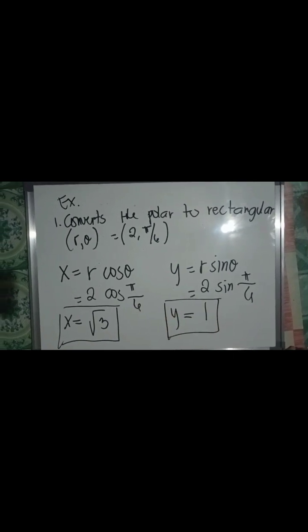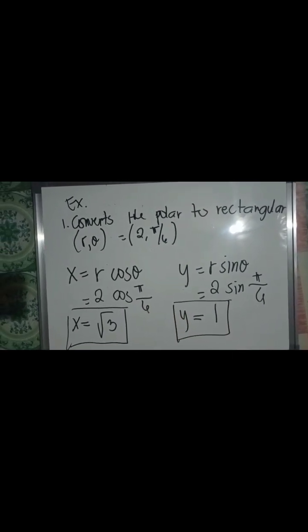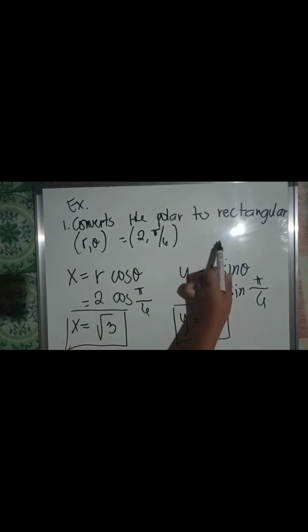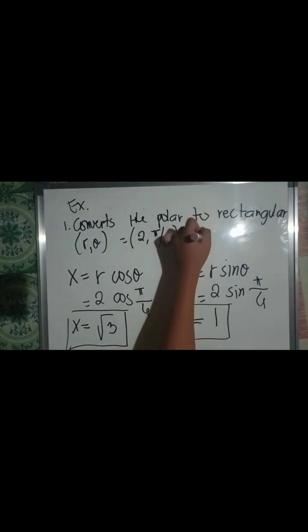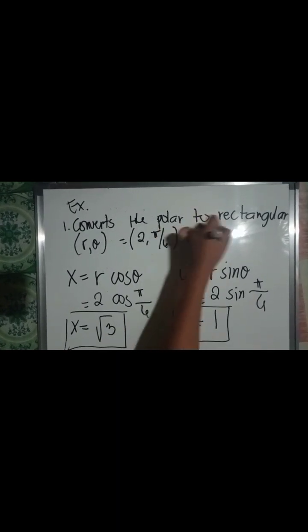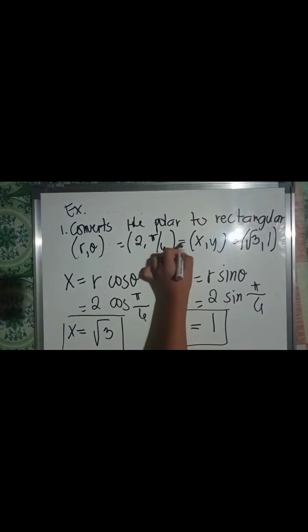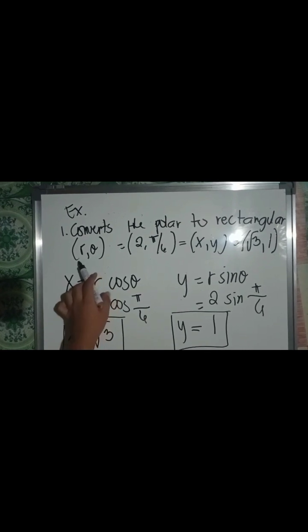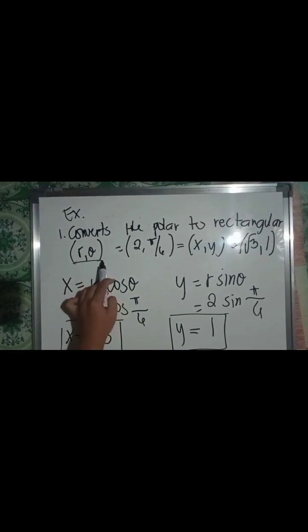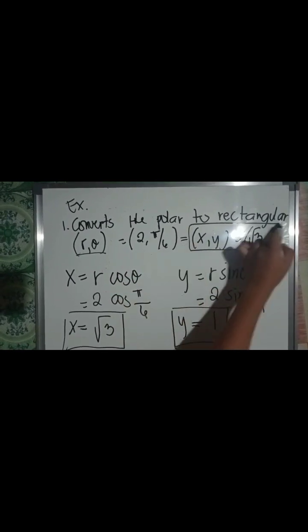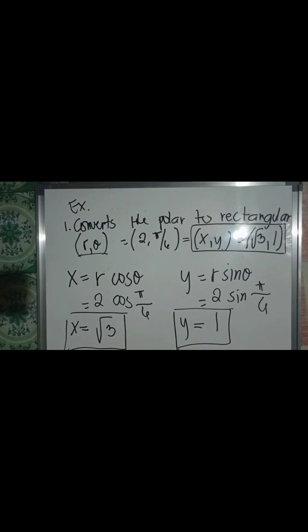Therefore, x is the square root of 3 and our y is equal to 1. So our rectangular coordinates x and y are the square root of 3 and 1. If we convert the r and theta of 2 and pi over 6, this would be the result.